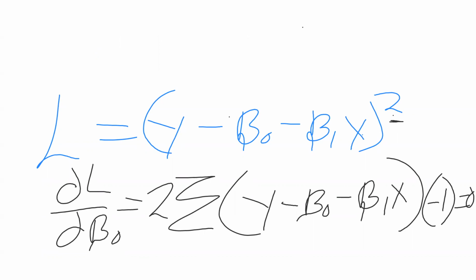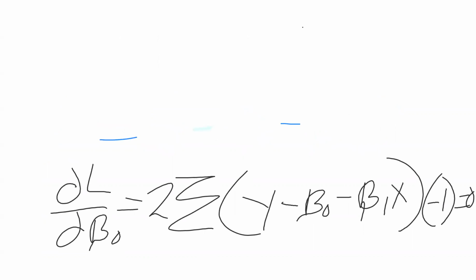So you have differentiated this equation. Remember, we have just differentiated it with respect to beta naught. So let's solve this equation. What do we do next? Since we are multiplying, this -1 can still be on this side.